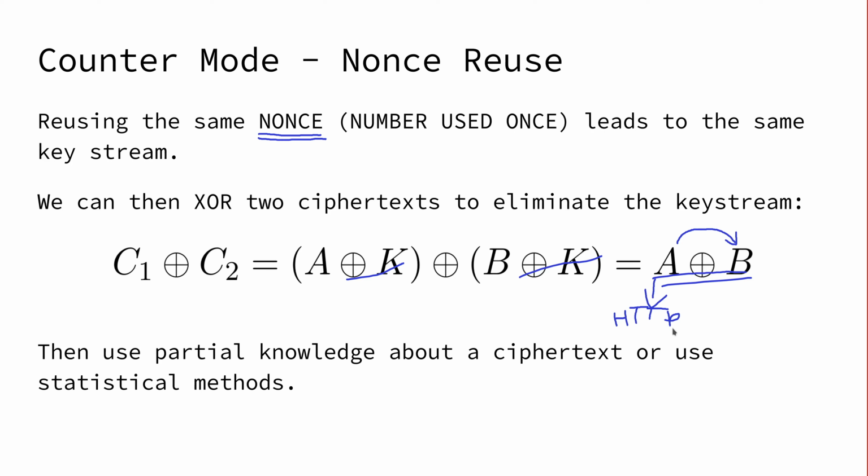This is one method. The other method is to use statistical methods, because as it turns out, most systems and also human language is not very random, and we can use statistical methods to recover plain texts if they are XORed with each other. But we're not going to go into detail of that.